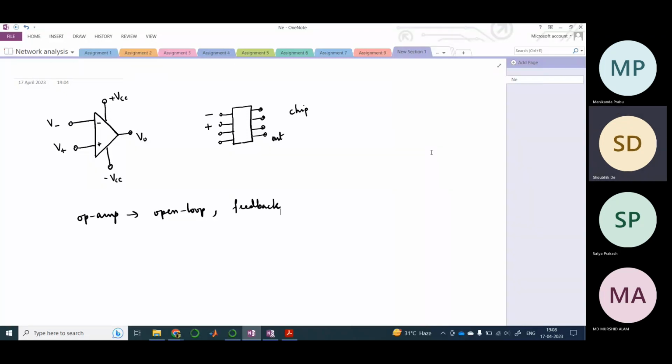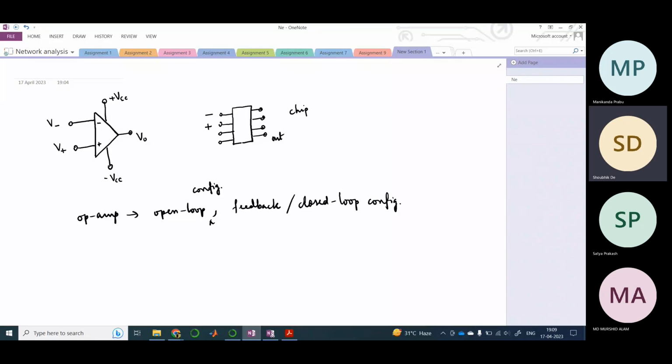In an op amp we do this to reduce the open loop gain. So feedback means the output is connected to the input. So we have the feedback or closed loop configuration and the open loop configuration.